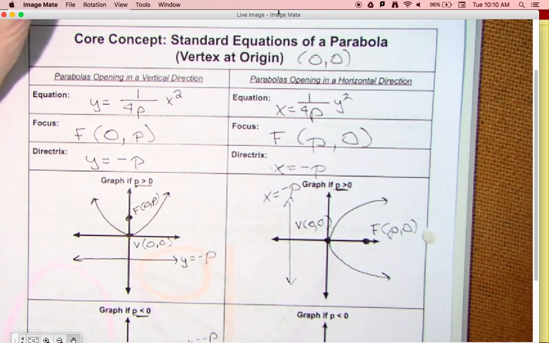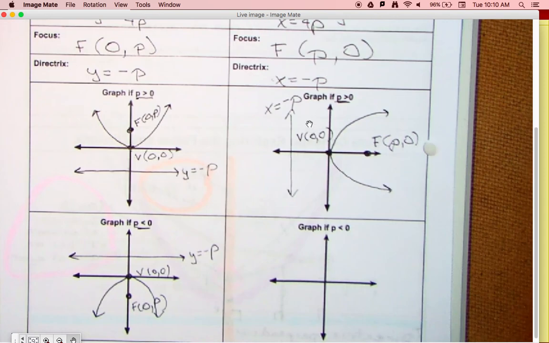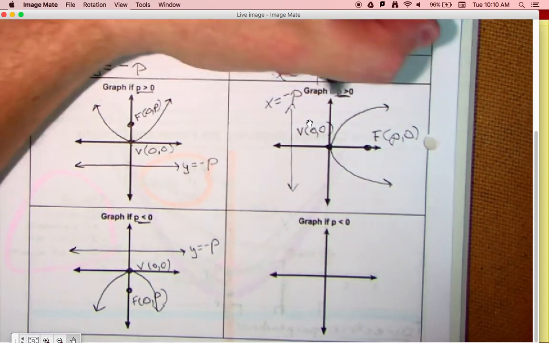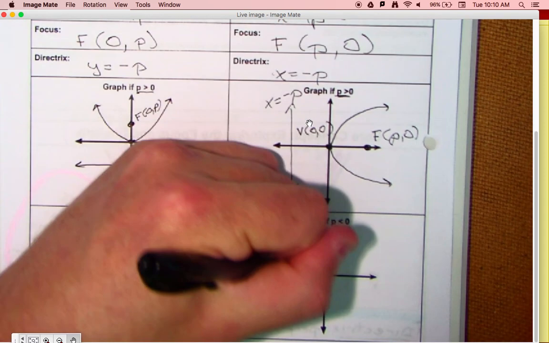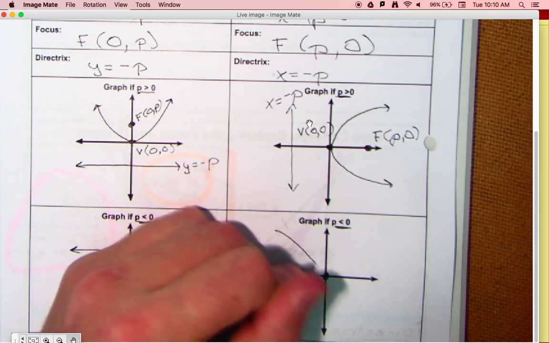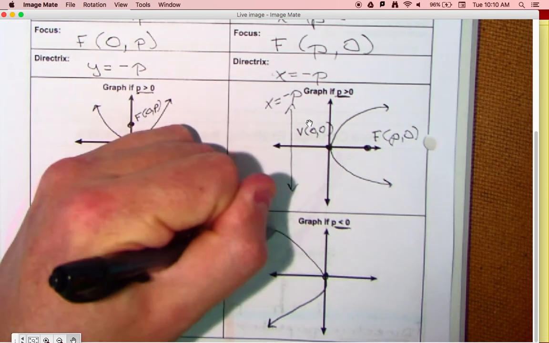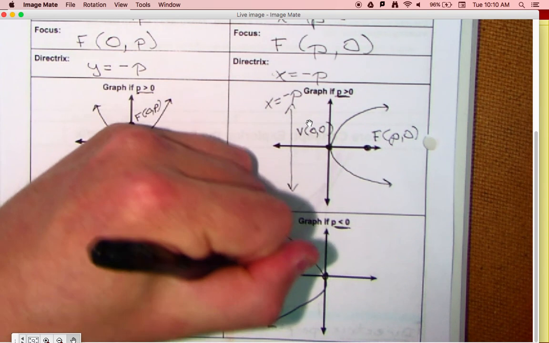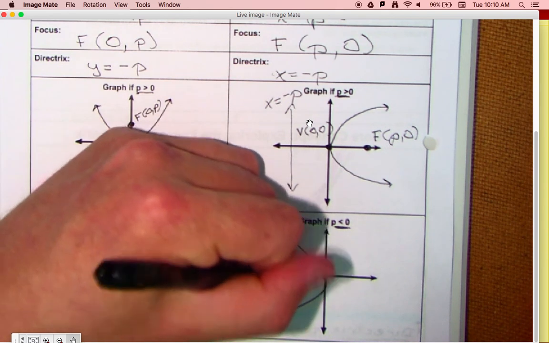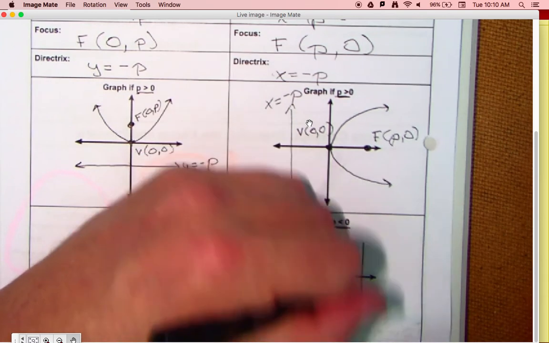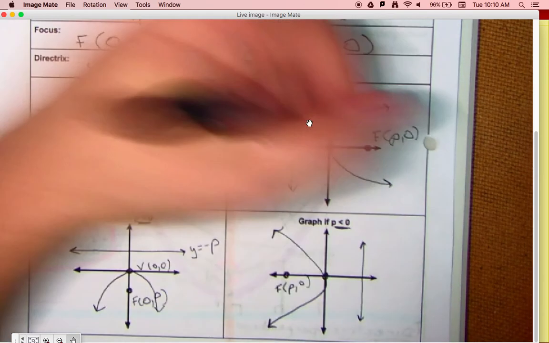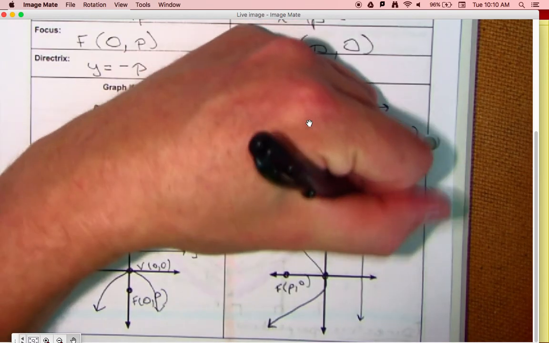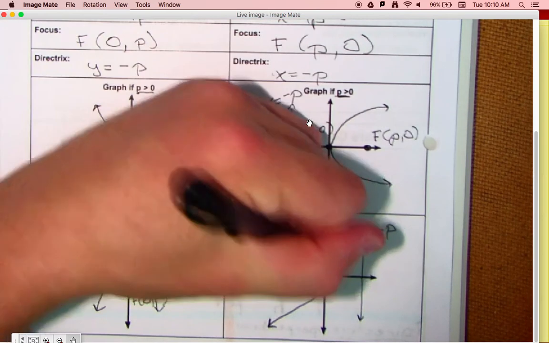Okay. Lastly, if p is less than 0, it's going to open this way, and everything's going to be reversed. So my focus is still, we're going to say, p, 0. My directrix goes way over here, x equals negative p, and my vertex here is still at 0, 0.